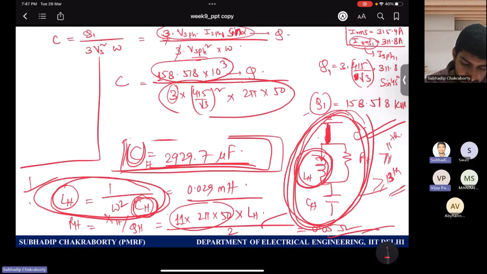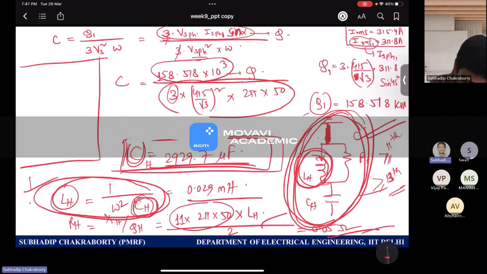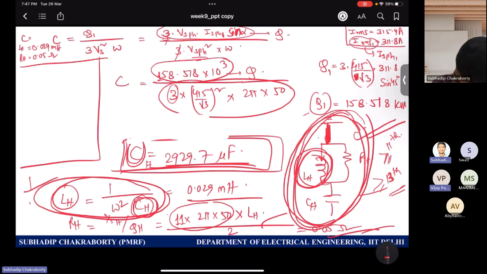So we have RH value as 0.05 ohms, LH value as 0.029 millihenry, and CH value as 2929.7 microfarad.